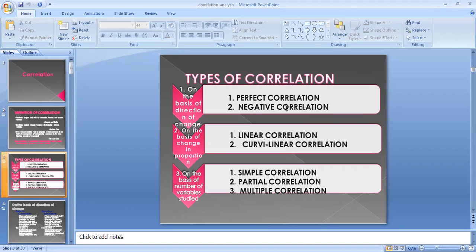Suppose we consider a person whose weight is 50 and there is a corresponding height. After 1 or 2 years we measure again, and we get another weight and another height for this person.